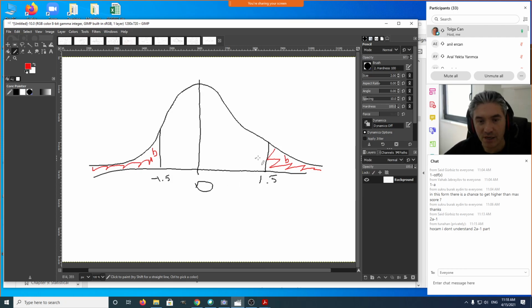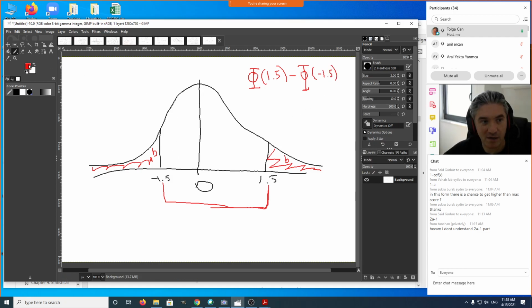Now, in order to compute the probability between minus 1.5 and 1.5, what do I need to do? I need to subtract the CDF of minus 1.5 from the CDF of 1.5. This is the probability that I'm looking for.